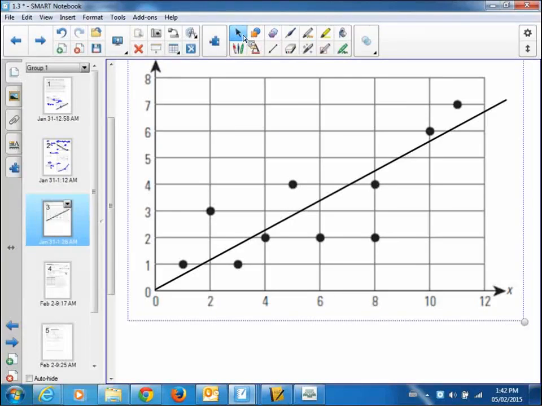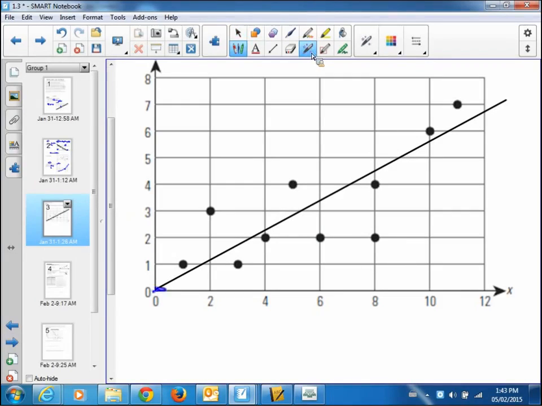If you went through 0, 0, it makes your next step easy. Because if you want an equation for your line, you need the slope. And if you start at 0, 0, what's an easy point to rise up to and read? Do you see that this point is kind of like at 5? On my line, this one almost looks exactly right.